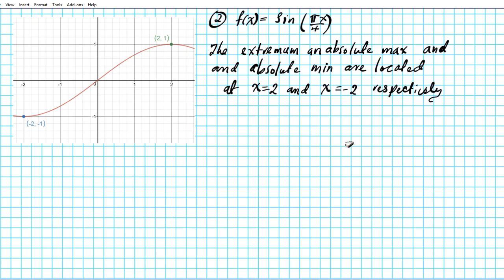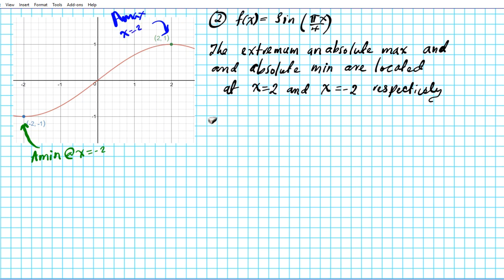So in this particular problem we need to find the derivative at these two extrema. Let's label it. In this trig function, you know how the trig functions behave. This is your absolute min at x equals -2, and then you have your absolute max here at x equals 2.